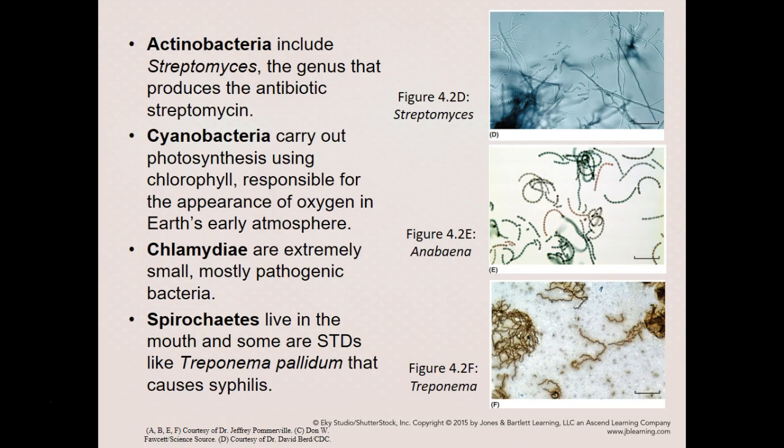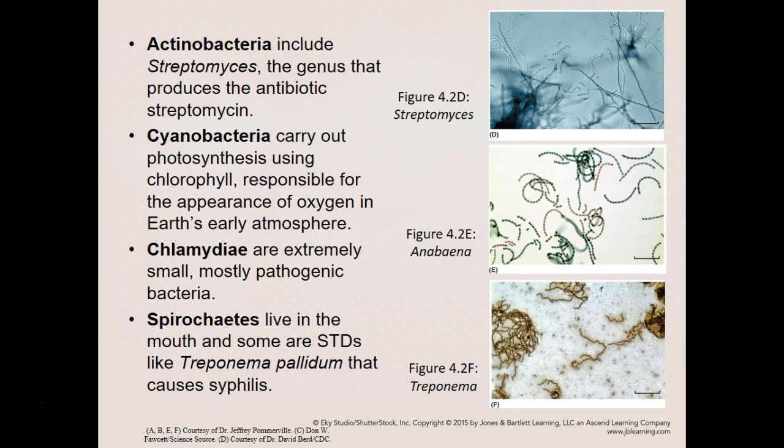Actinobacteria are important because they help in producing certain antibiotics that we use to treat different infections. Cyanobacteria are really important because they are photosynthetic bacteria that are very similar in activity as our own algae, but they are bacterial species. They are not eukaryotes.